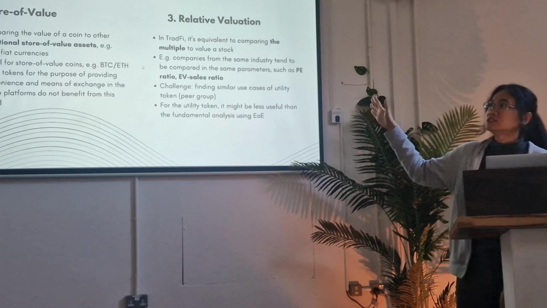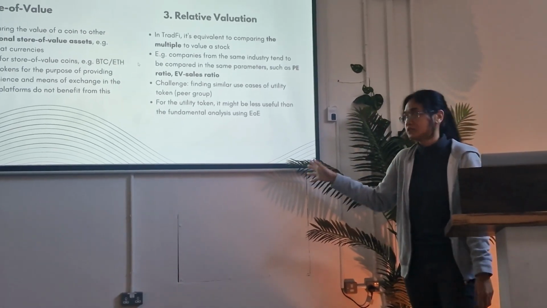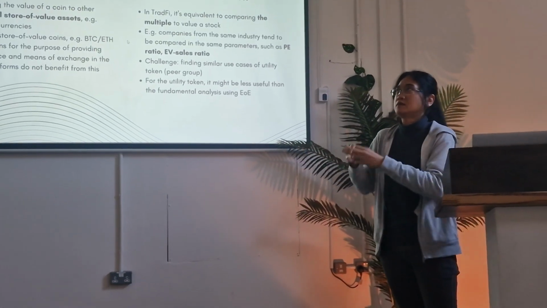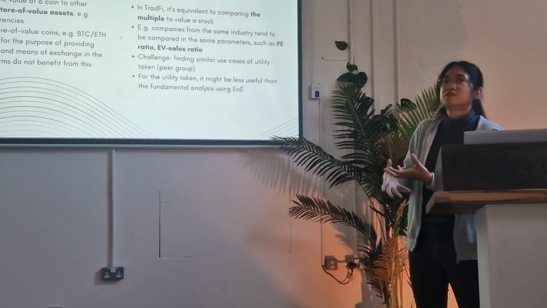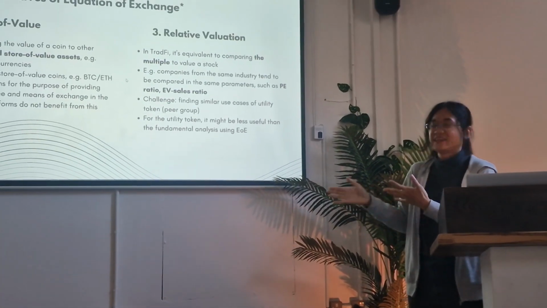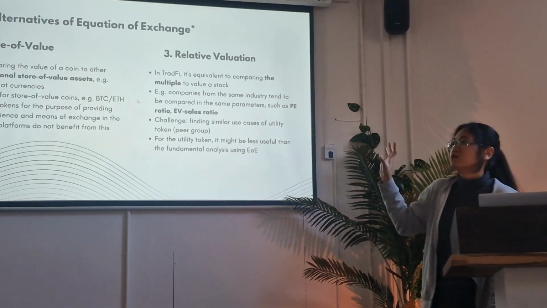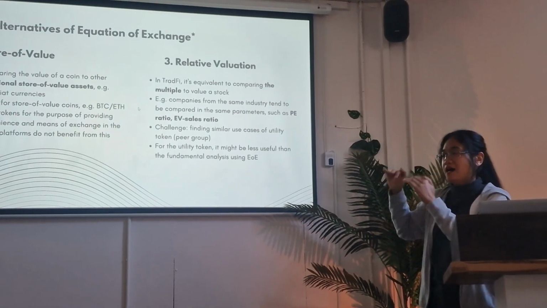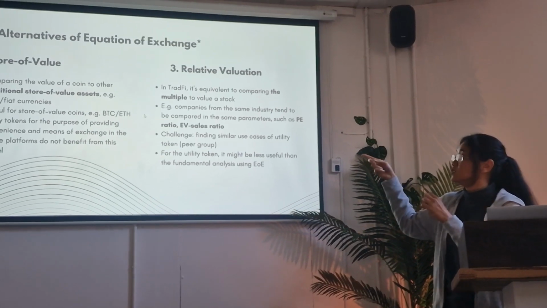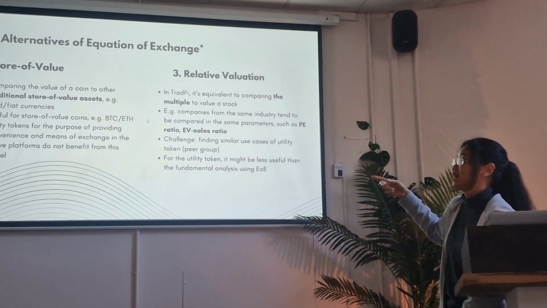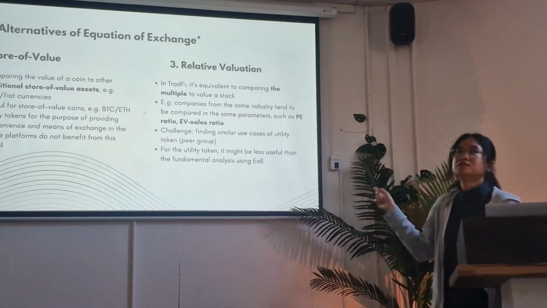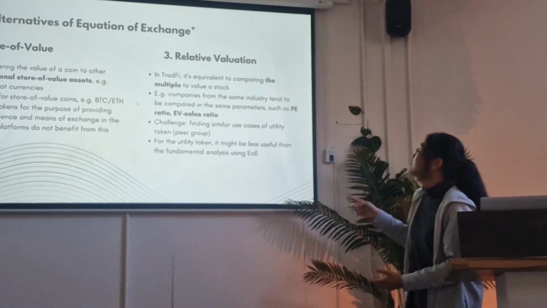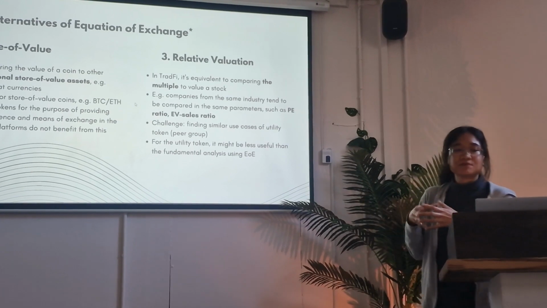While store of value is not really applicable for utility tokens, because utility tokens are the tokens that we use for native payment, for rewarding staking and so on, so we don't really compare it apples to apples with traditional store of value assets. And relative valuation can work because that's how we do it in traditional finance as well, where we can compare multiples to value a stock.